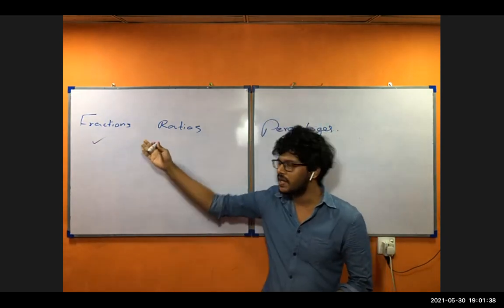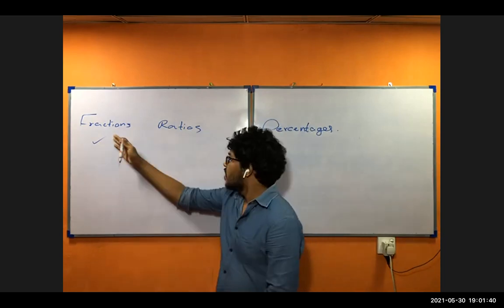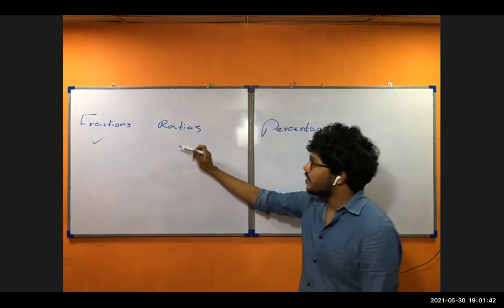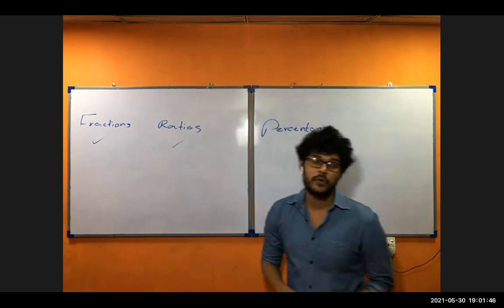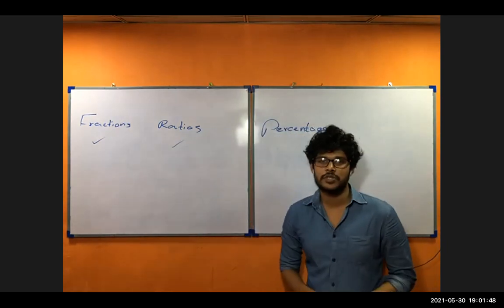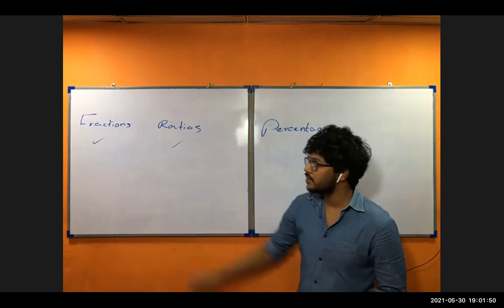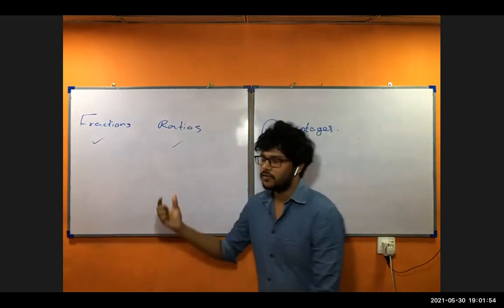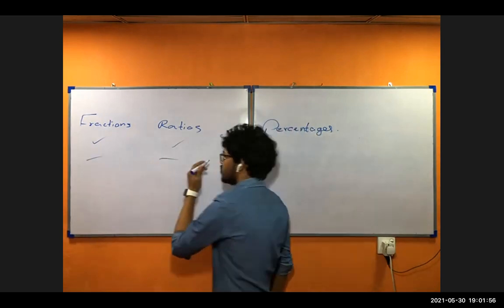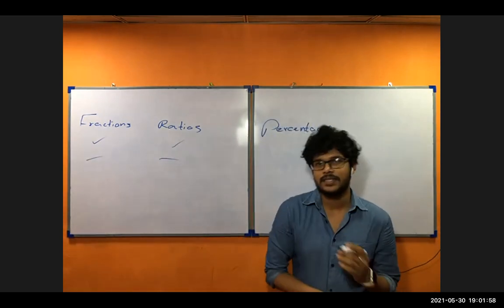I mean, the first three lessons. Then you had ratios. Under ratios you had proportion, inverse proportion, direct proportion. Those things fall under ratios. In grade 11 you don't have any other lessons in addition to this. So fractions and ratios, you are already done in grade 10.